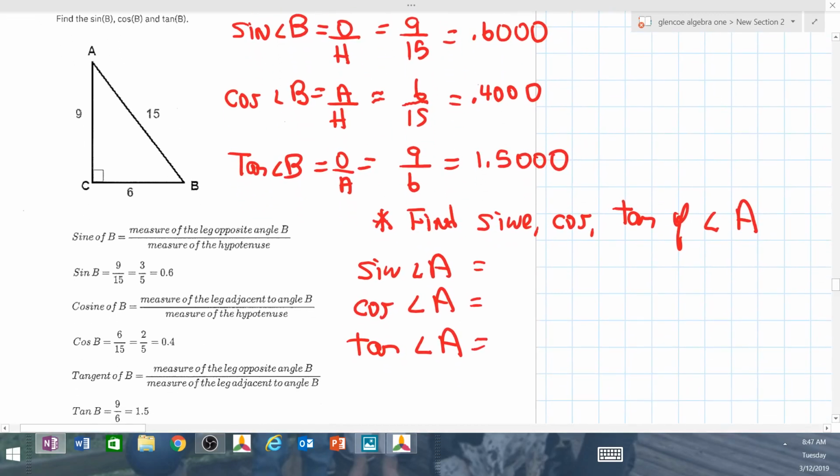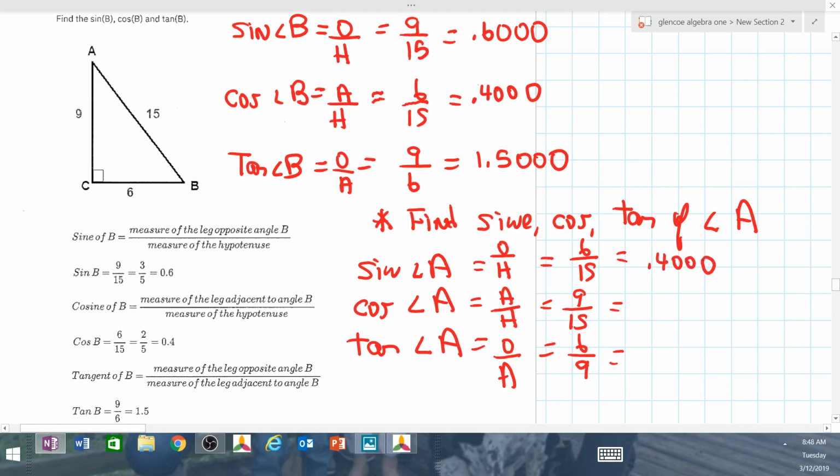So the sine of angle A, I would put opposite over hypotenuse, adjacent over hypotenuse for cosine, opposite over adjacent for tangent, and then fill your numbers in, guys, okay? Check your answer with a friend, please.